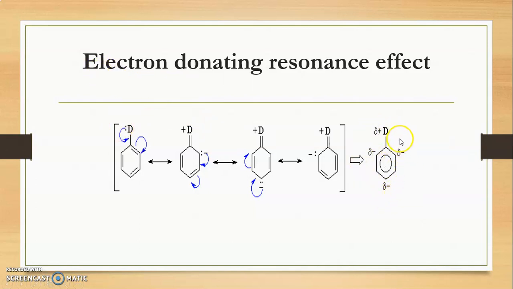So together we can write a resonance hybrid of this structure, where you can see that if an electron donating resonating group is there, it places a negative charge at the ortho and the para position, and as negative charge increases over here, whatever the electrophile is, it is readily attracted towards this type of functional group where the electron donating resonance effect is observed.